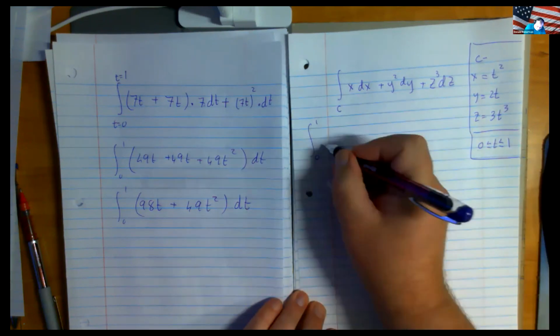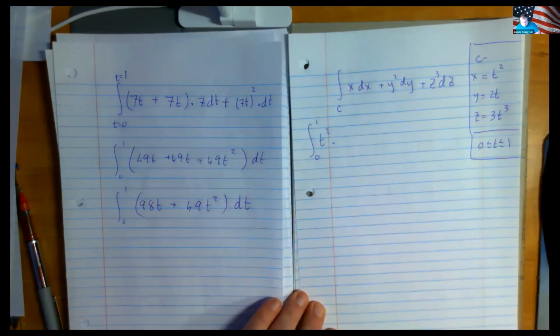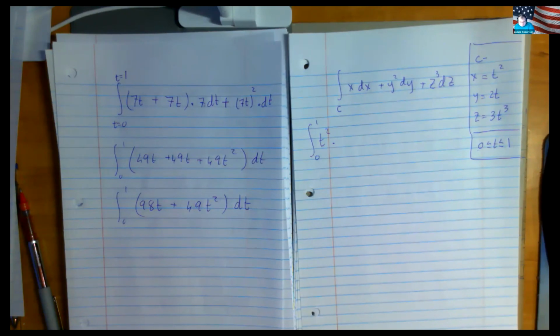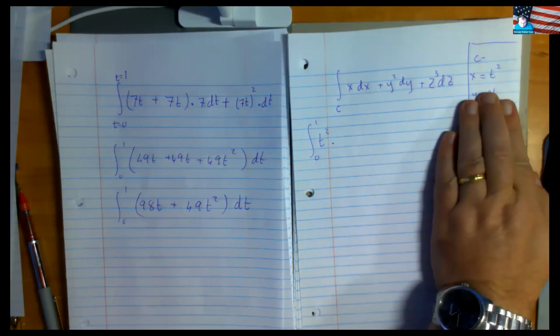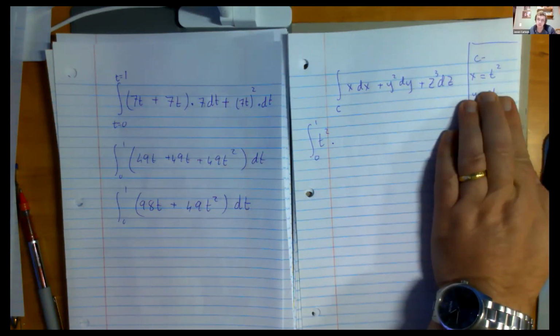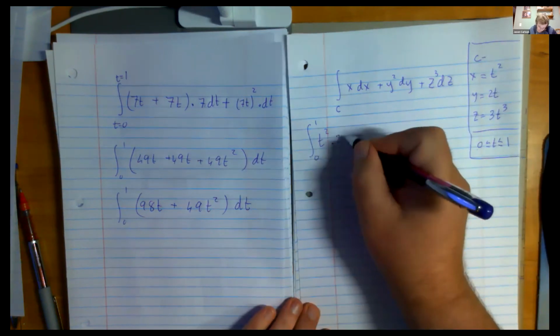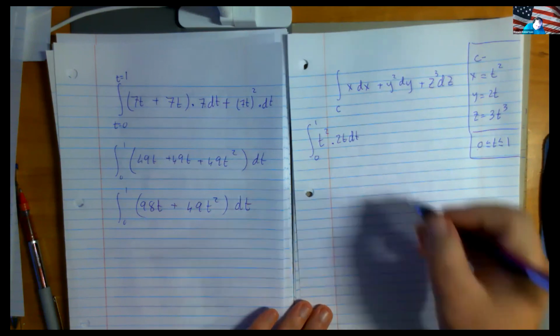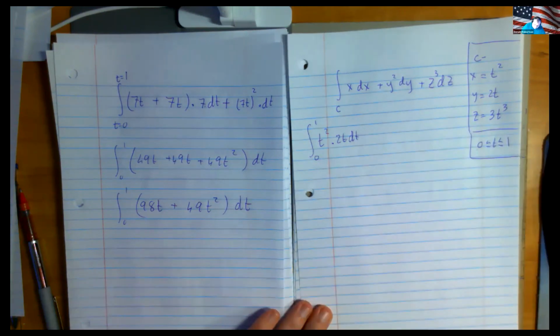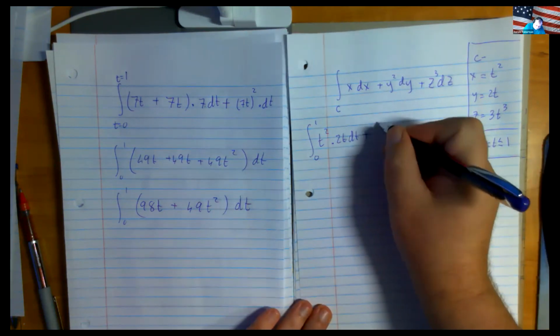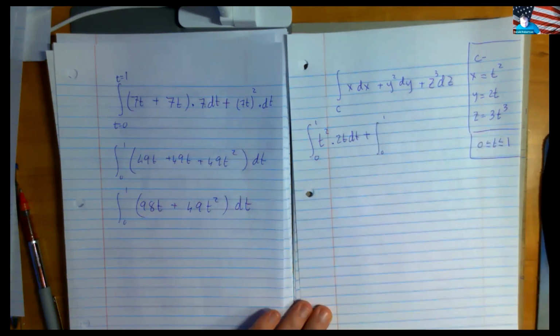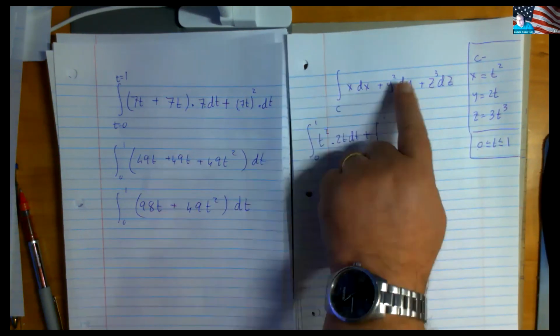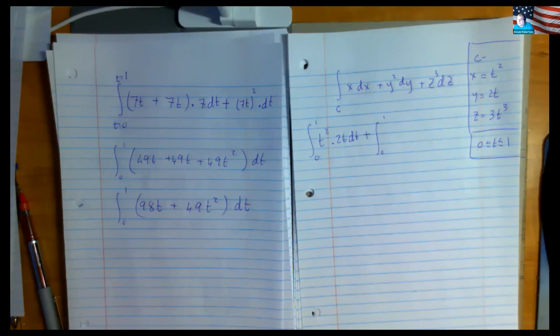x, well, that's t squared. What's dx? 2t dt. Now, there's different approaches to this question. Let me show you a different approach. Couldn't I just split them into 3 separate integrals and then just do them that way?